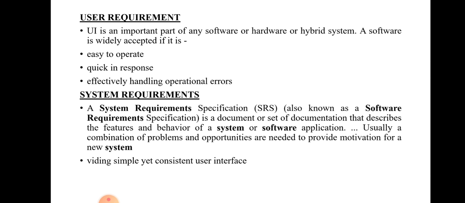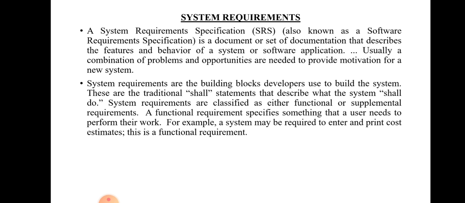So what are system requirements? Here one concept is the system requirement specification, also known as the software requirement specification, which is a document or set of documentation that describes the features and behavior of a particular system or software application. So briefly, we see what system requirements are.